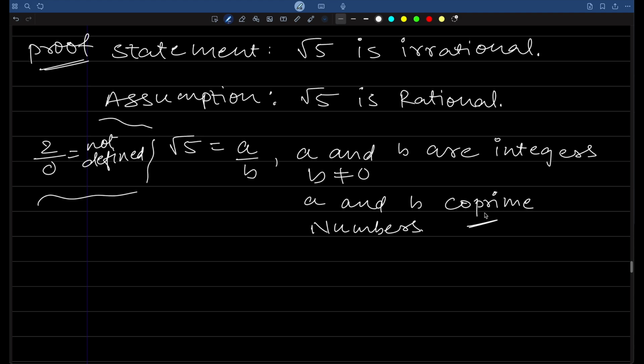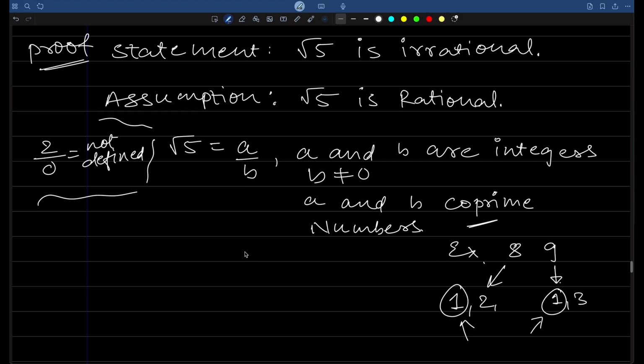For example, the co-prime numbers 8 and 9. The factors of 8 are 1 and 2, factors of 9 are 1 and 3. We can see that the only common factor is 1.